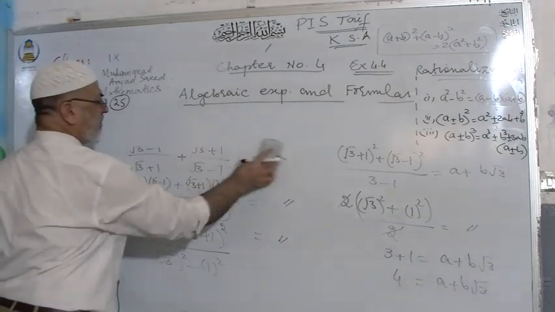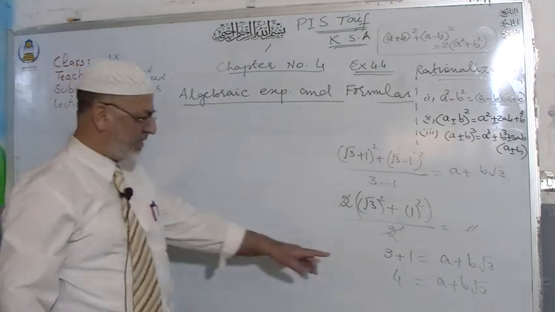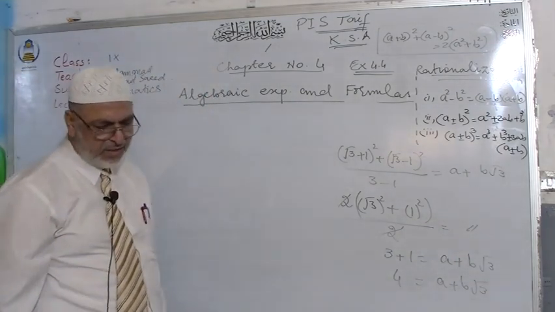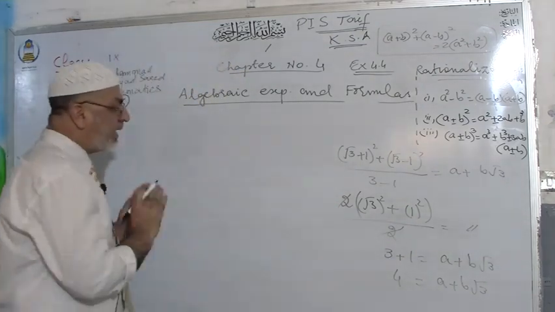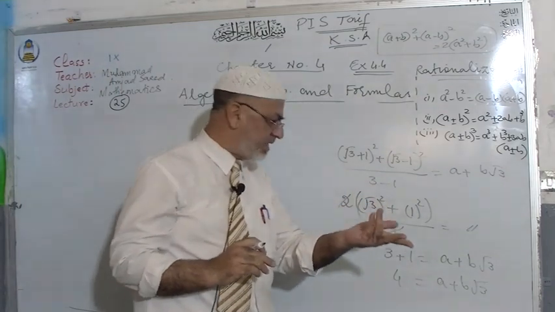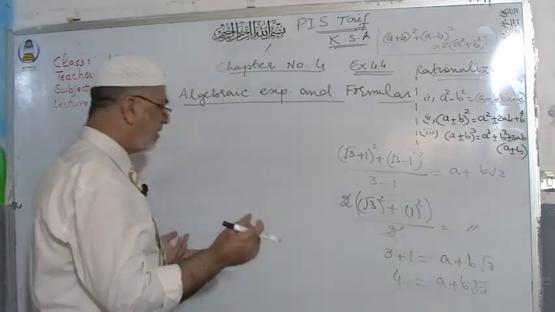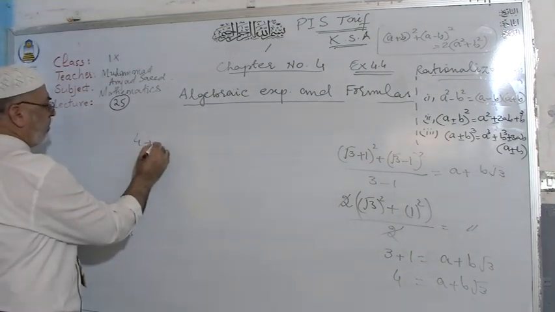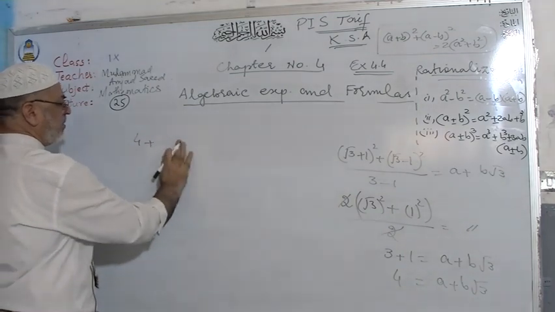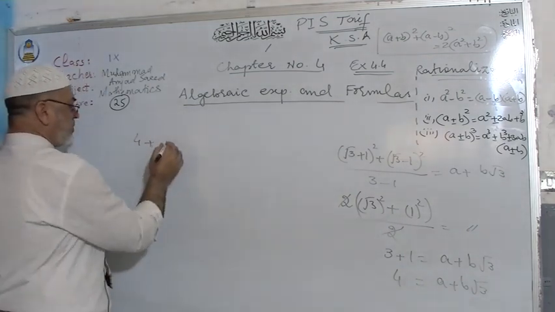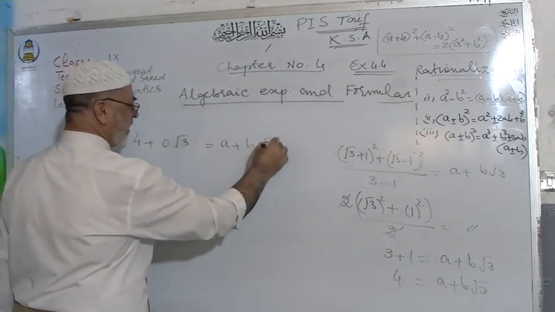Dear students, after that you can check your left hand side. If any term is missing, what you will do? You will write down with 0 coefficient, and the term which is missing can be considered as 0. So you can write down 4 plus 0 into root 3 is equal to a plus b into root 3.